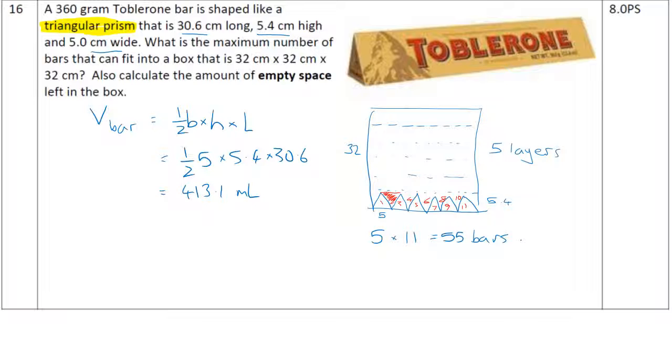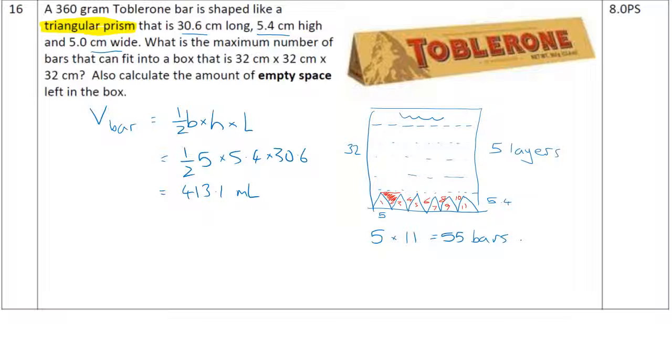Then the question says, okay, so I've got how many you could fit in. You could probably argue that you could maybe fit some bars up there and have some more. To be honest, not many people got this far into it, but I would have accepted those sorts of answers.